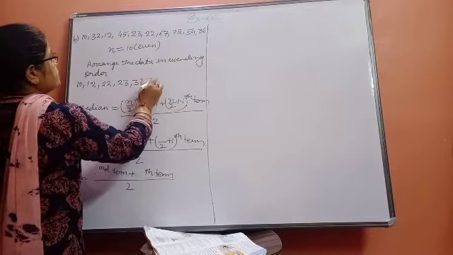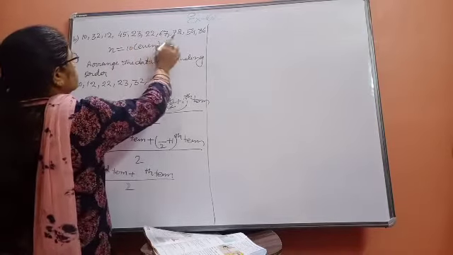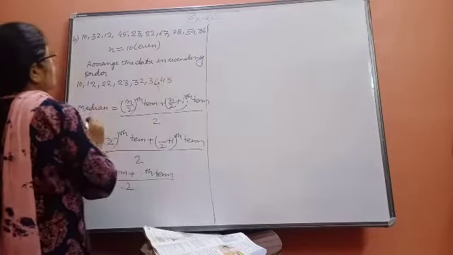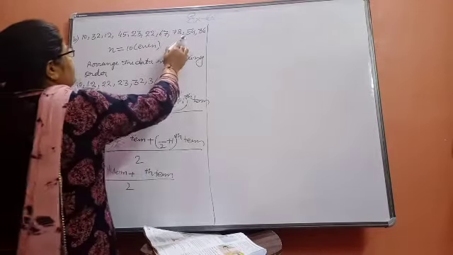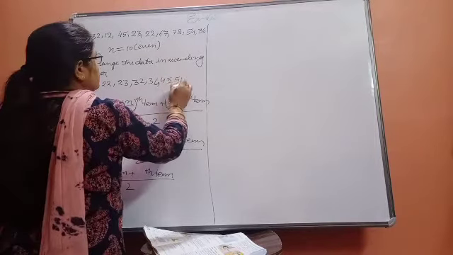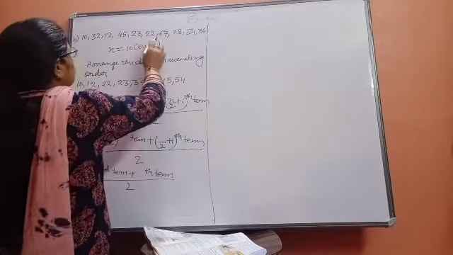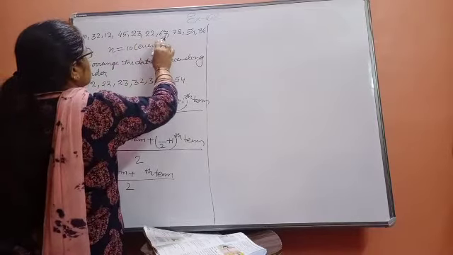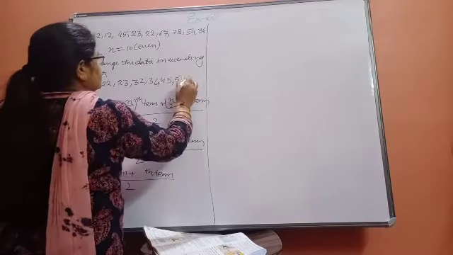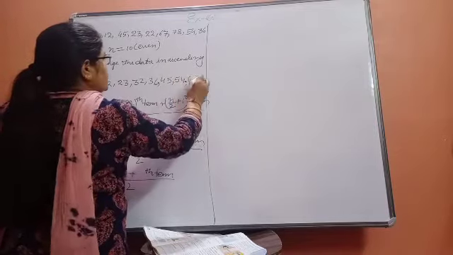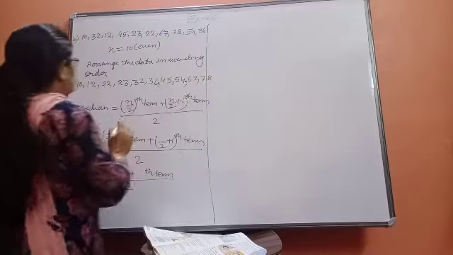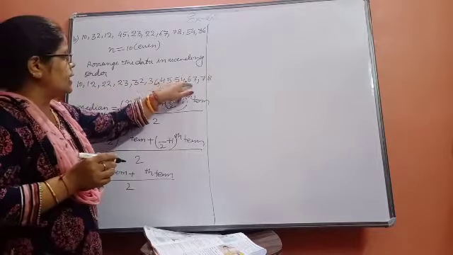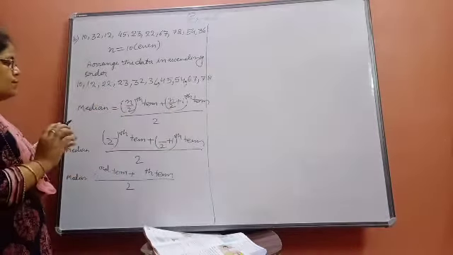Then 36, afterwards 45, after 45, 54 is there. Then after 54, 67 and 78. Now see that they are 10: 1, 2, 3, 4, 5, 6, 7, 8, 9, 10. It means all the terms have come.